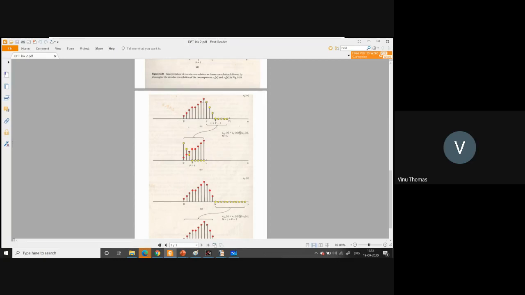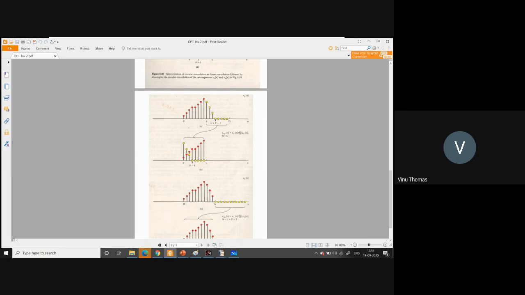That is equivalent to wrapping around the last 3 samples over the first 3 samples. So what we will do is we will add the sample to the first sample, like this here. To the second sample we will add this sample, right?